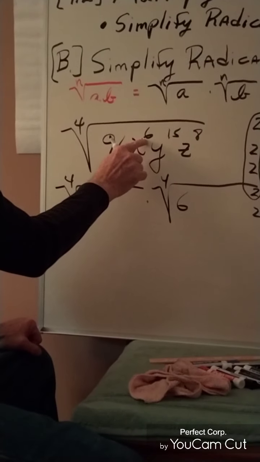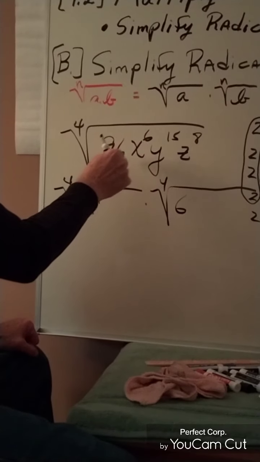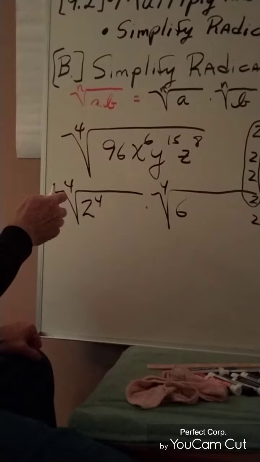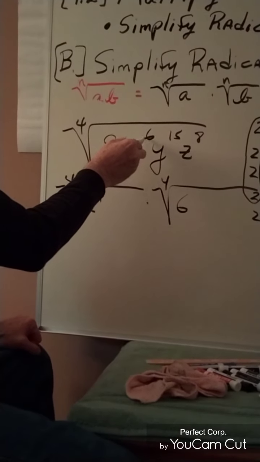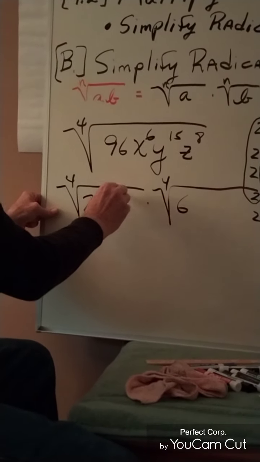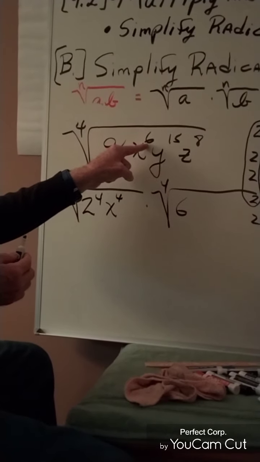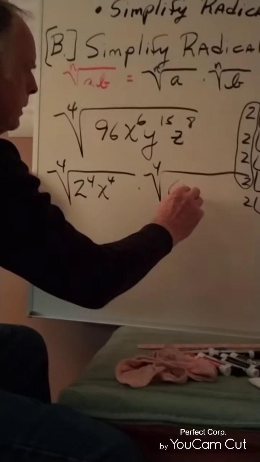You go down from 6 until you get to the first exponent of x that is a perfect 4th. X to the 5th isn't. X to the 4th is. Put an x to the 4th in the rational and just make sure. When you subtract that 4 from that 6, you'll be left with x to the 2nd. That goes in the irrational.